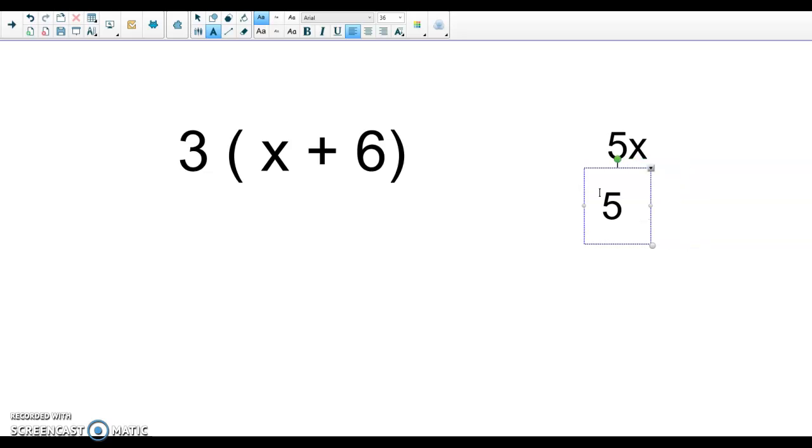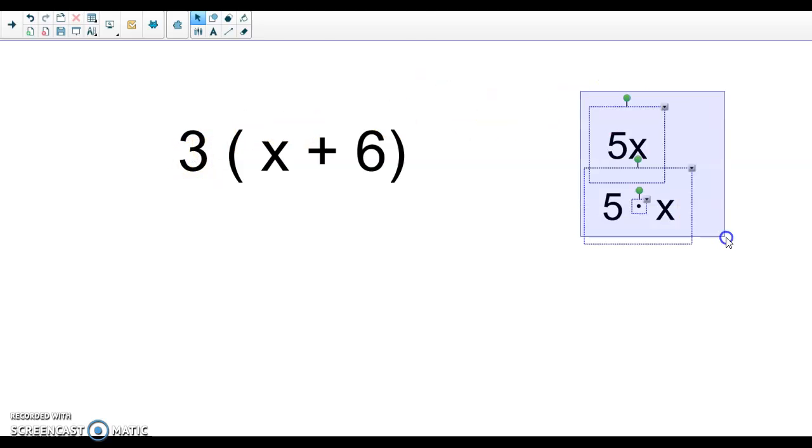Or for us, we would probably not do that. We'd probably do this and put a dot instead in there. So that way we know multiply. So for us, this means multiply. When you see a number right next to a letter or a variable, this means they want you to multiply. This means the same thing.